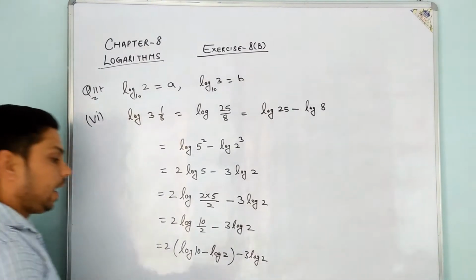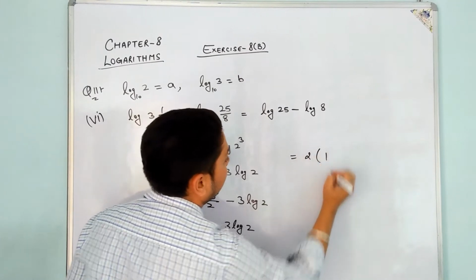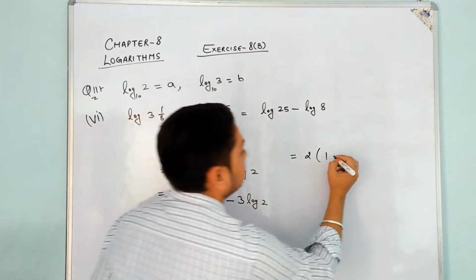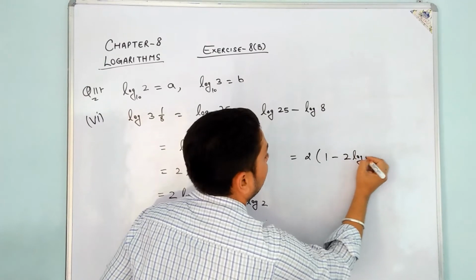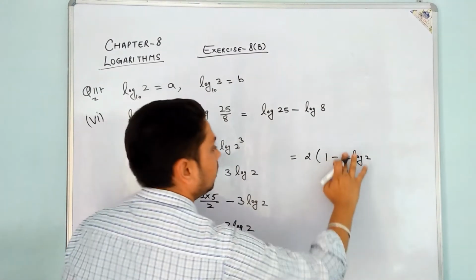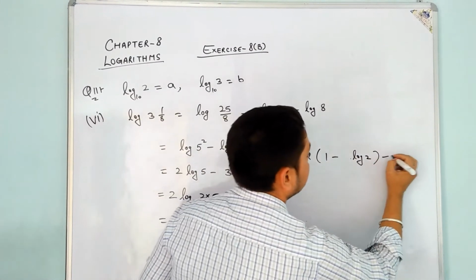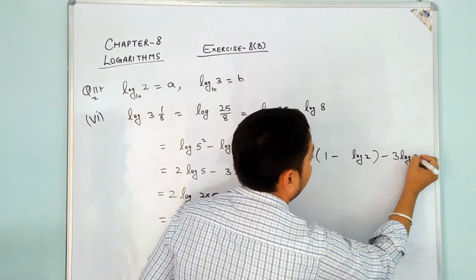Again, this is equal to 2 times log 10, which is 1, minus 2 log 2, minus 3 log of 2.